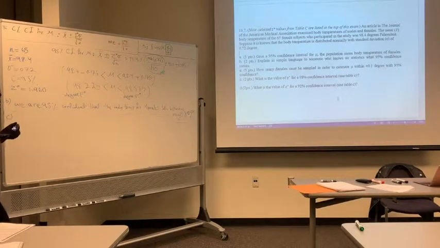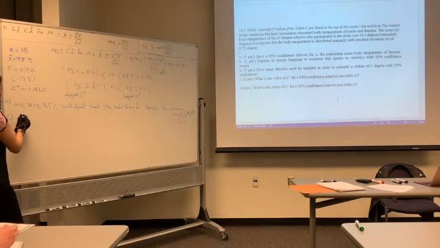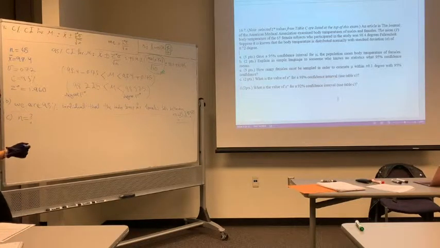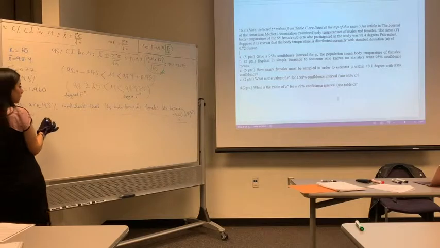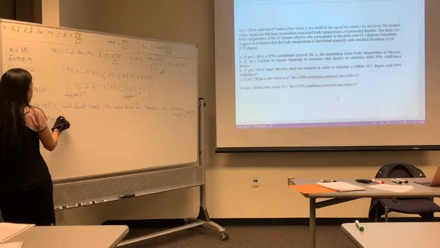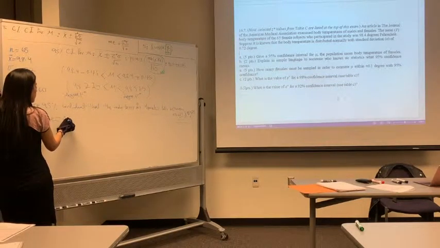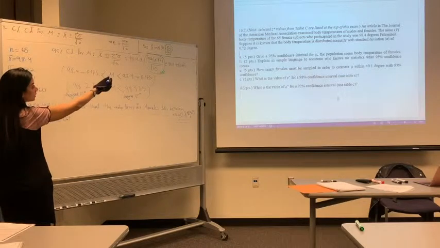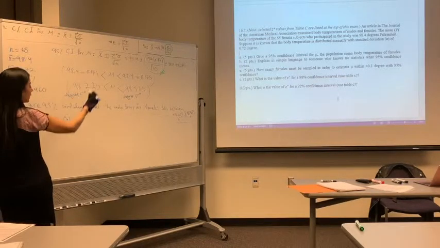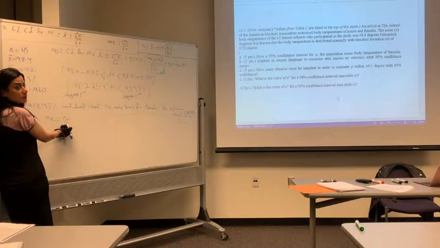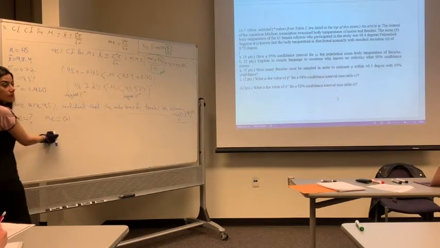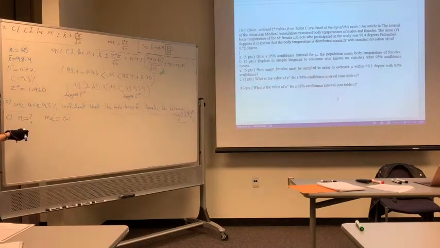Part C says, how large a sample size N do we need if we want the margin of error to be 0.1? Previously the margin of error was 0.175, right? This one is smaller, 0.1. So we predict that the sample size N should be bigger, correct? Because the margin of error is smaller here.